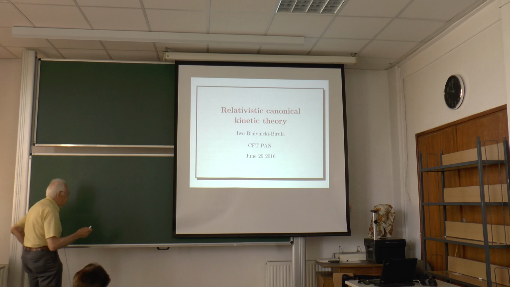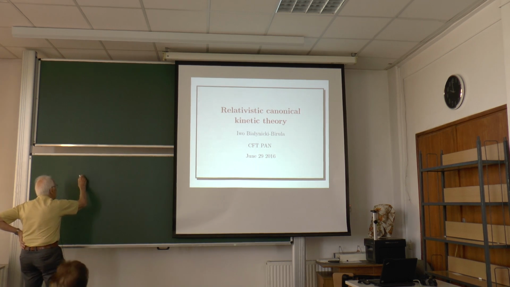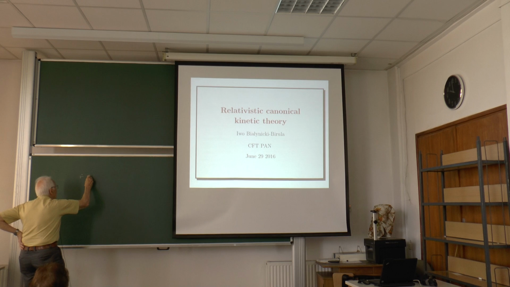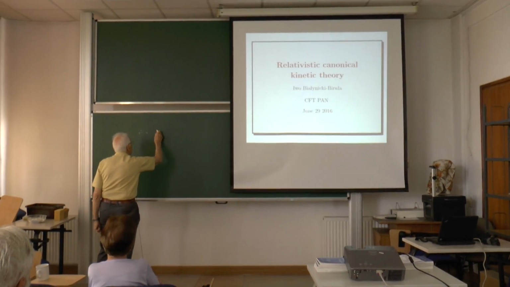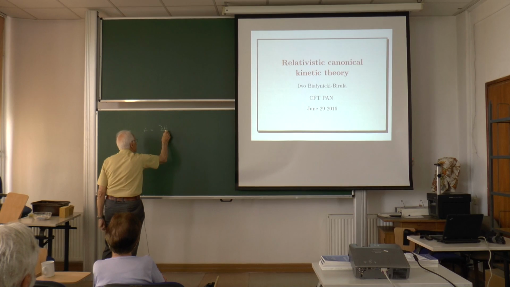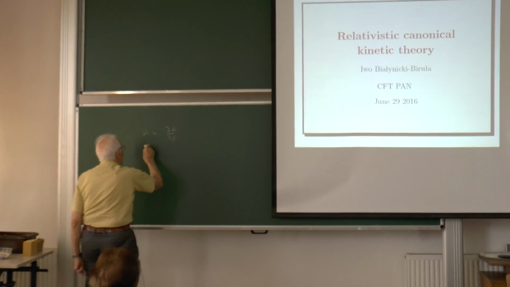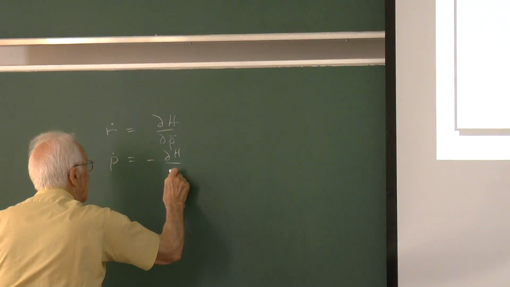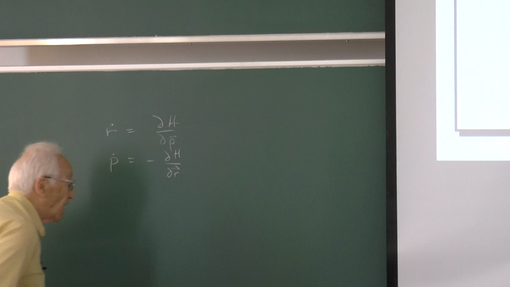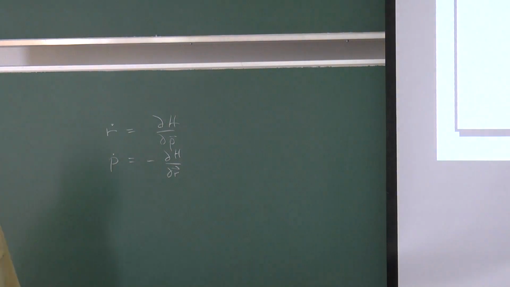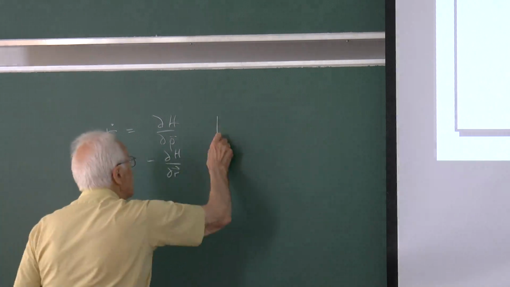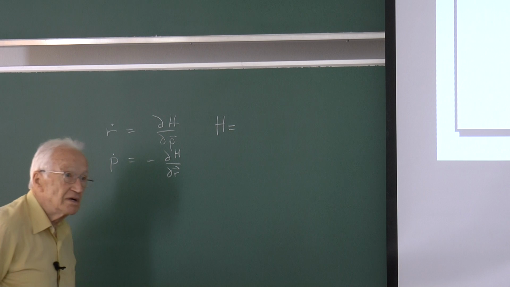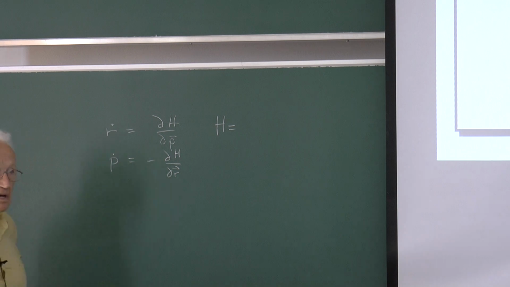Say in Hamiltonian form, we write the canonical Hamiltonian equations: dH over dP, and P dot equal to minus dH over dR. Now the question is, what is H? We know that in relativistic theory we have this famous square root. And physically, this particle moves under the influence of what? Wait and see.